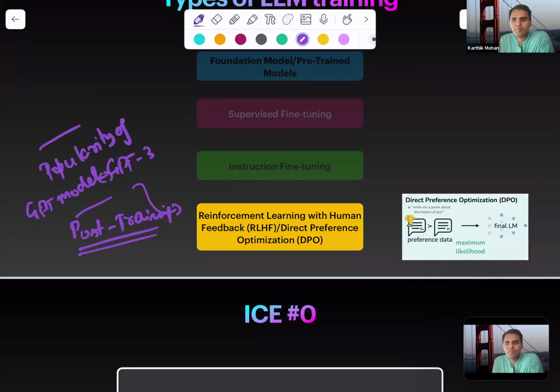That really pushed up the accuracy numbers for the GPT model and made GPT more popular, more human-like, and more like a true AI model where you can ask questions and get answers just like a human would respond. This took it to the next level. The accuracy bumps were very significant, like 10 or 15 percentage points on top of all the existing fine-tuning that was happening for these models.